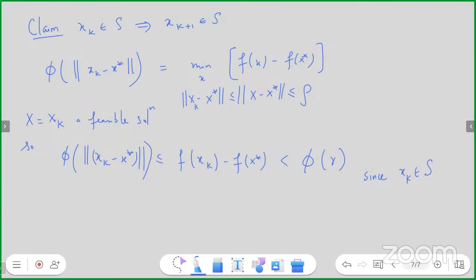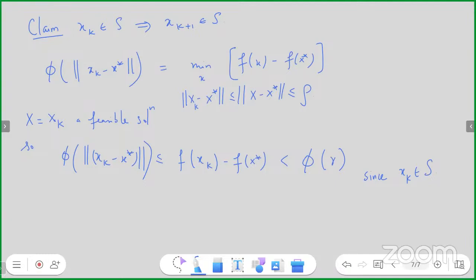So the last inequality, I claim, gives you that the distance xk minus x star is at most R. Why is that? Let's say it's not. It's one way of doing it, but might complicate matters.